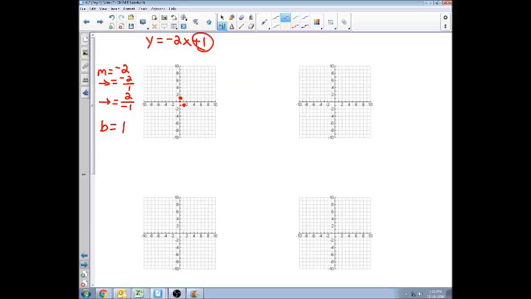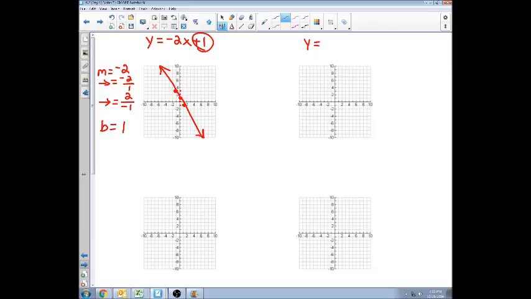And I'm going to use this slope. It says a positive rise, so up 2, and a negative run, so negative 1. Connect my points, and I am done. If you do not understand how I'm getting positive and negative or the two different slopes, please come in and ask me in the morning.